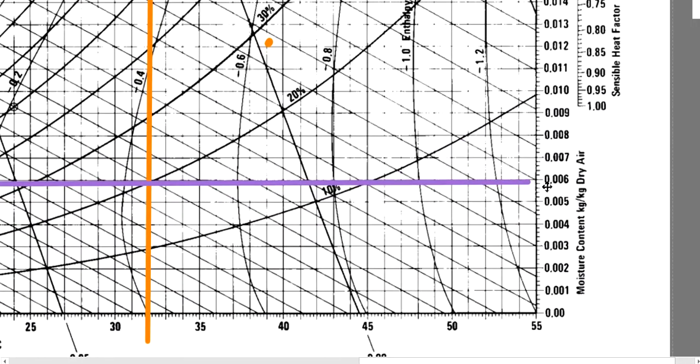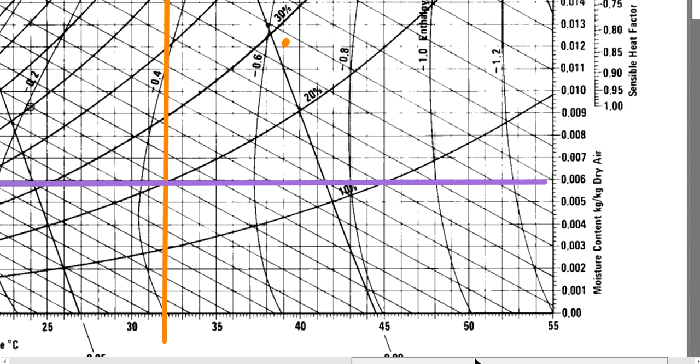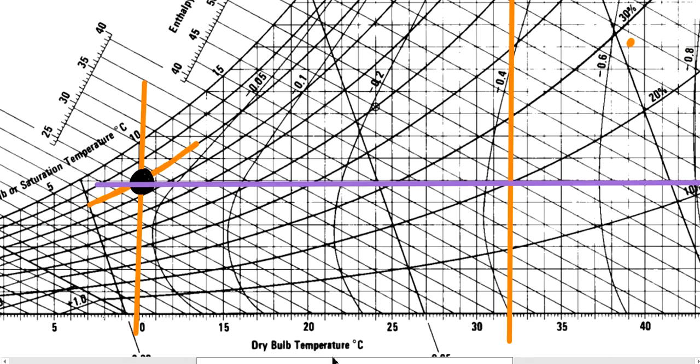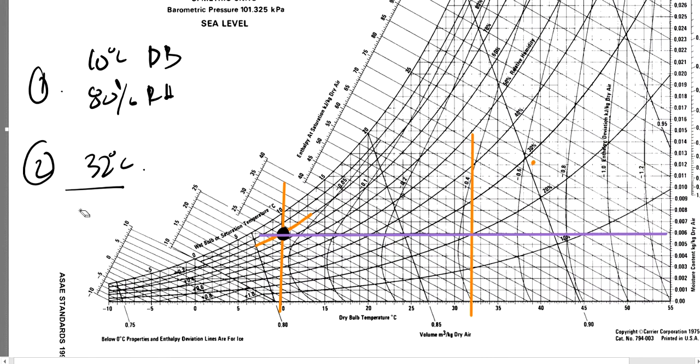So 0.006, that's the moisture content. So we can write here 0.006 kilograms of water per kilogram of air. Okay, and what else?